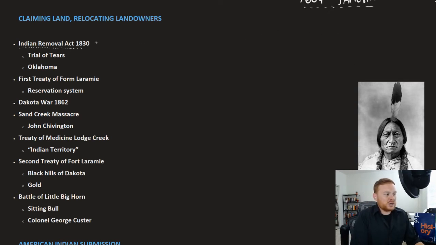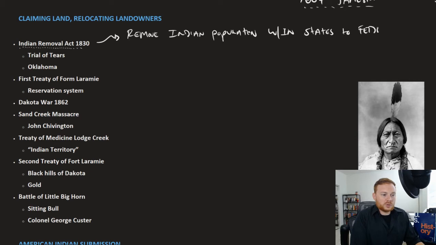This was created in 1830 in order to remove Indian populations from within states to federal territory. Initially, it pretty much started off as a spat between the state governments and the federal.